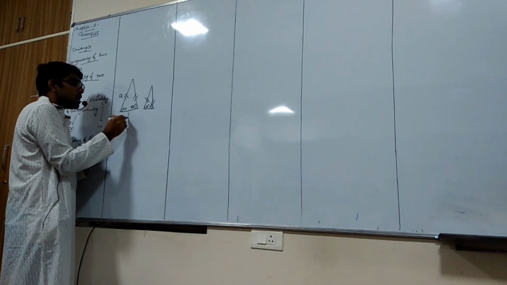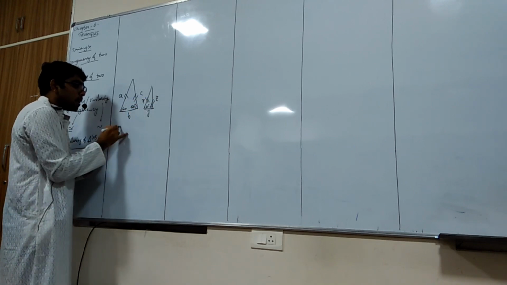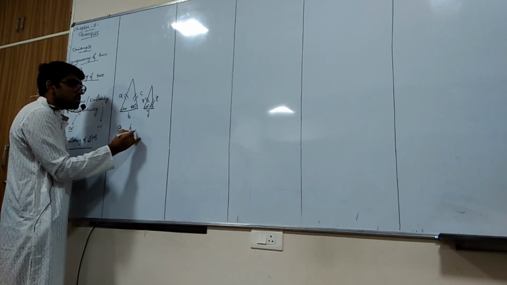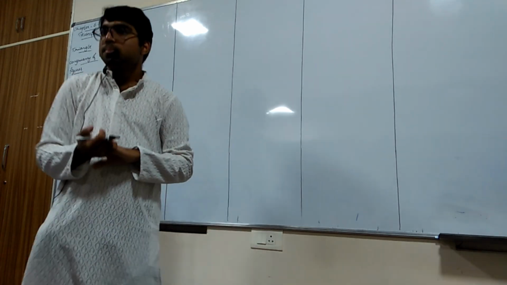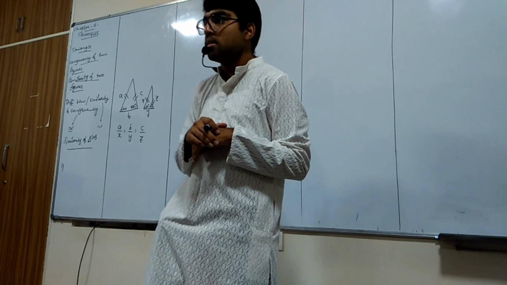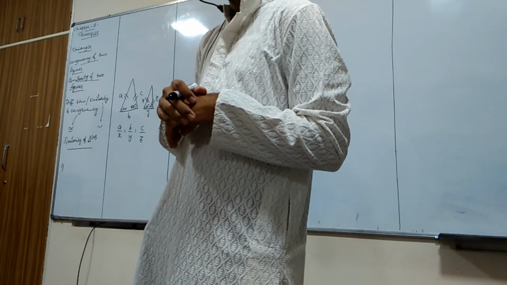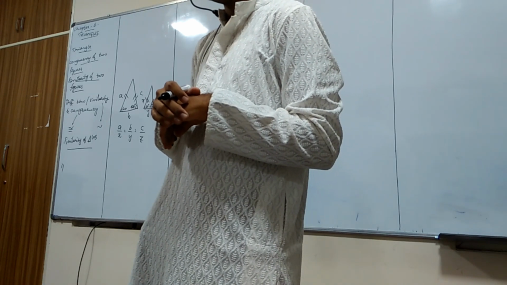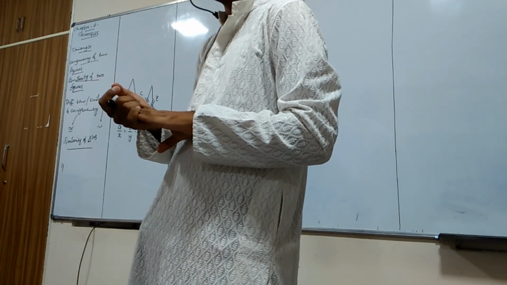Let me take the sides as A, B, C and X, Y, Z. A by X is equal to B by Y is equal to C by Z. They are in the same ratios. That's what the second statement means. There are theorems to prove that, which we will do thoroughly. These are some properties of similar figures.